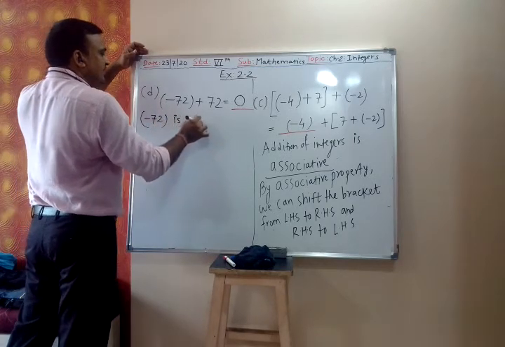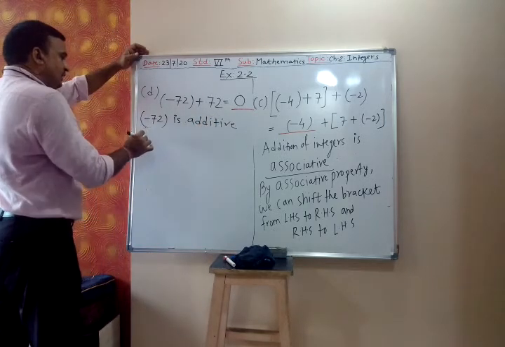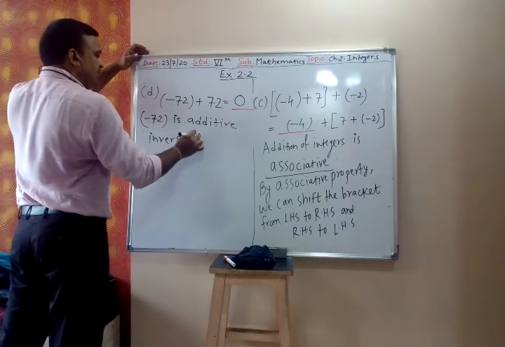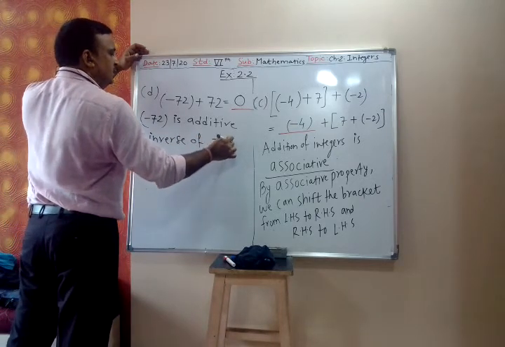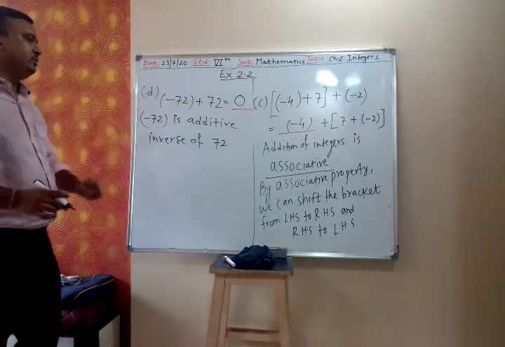We have seen the additive inverse, no? In the additive inverse, we change the sign. Minus 72 is the additive inverse of plus 72.